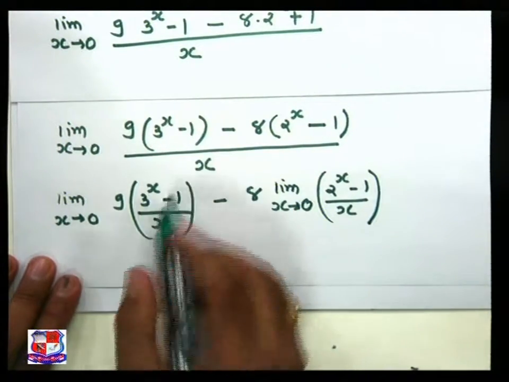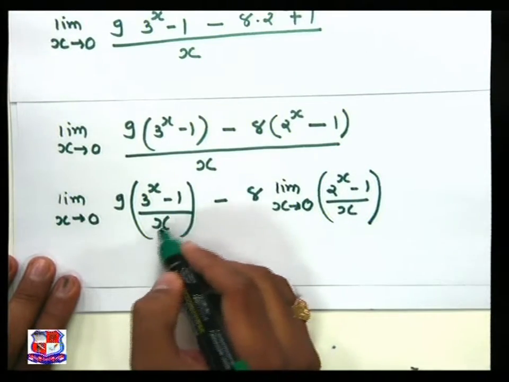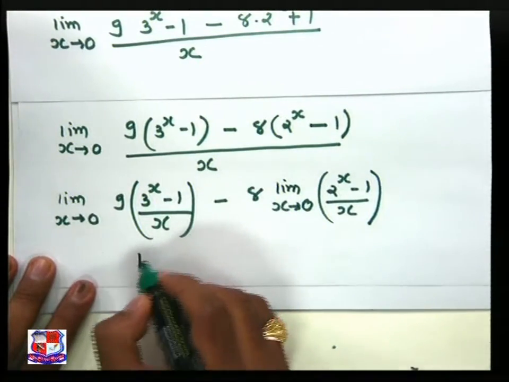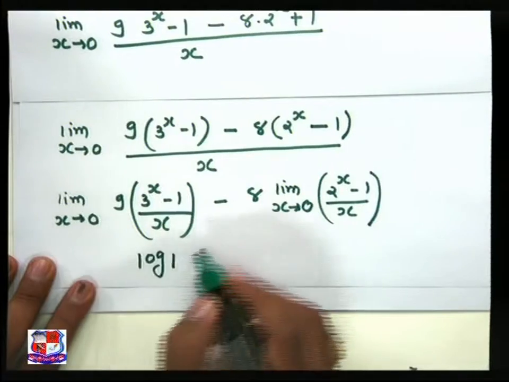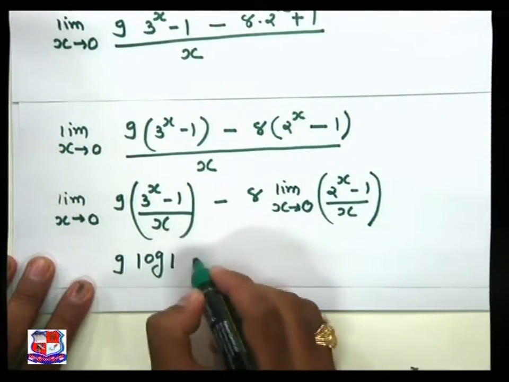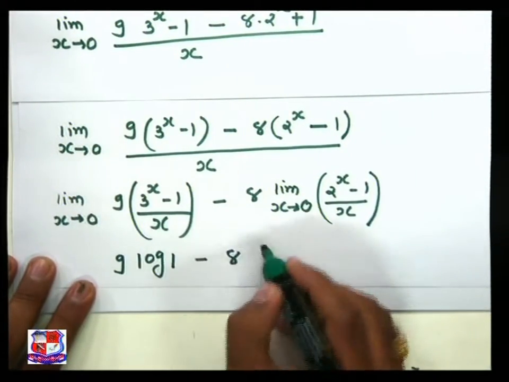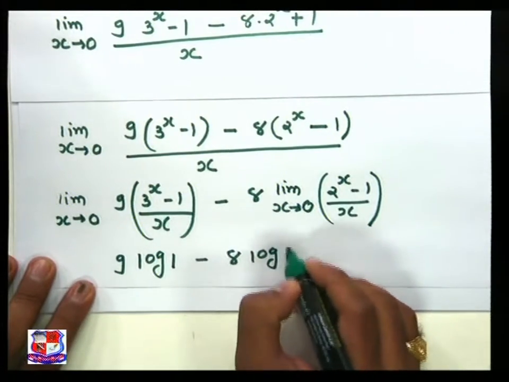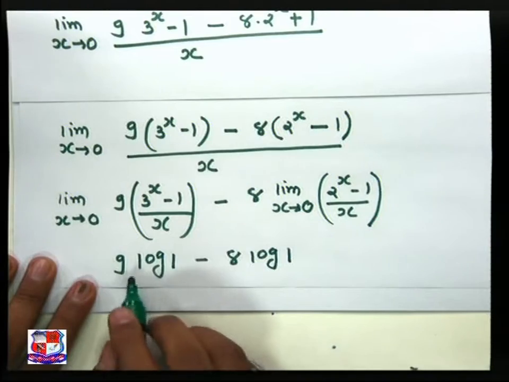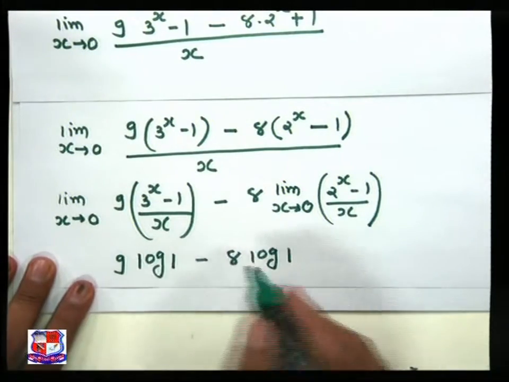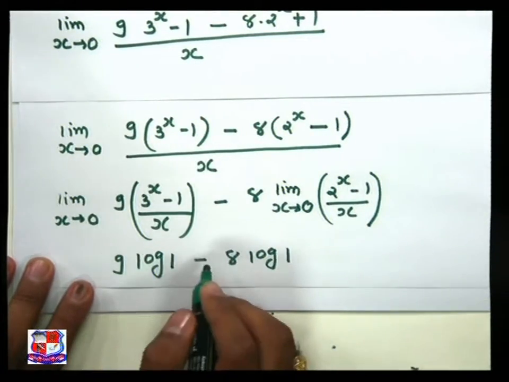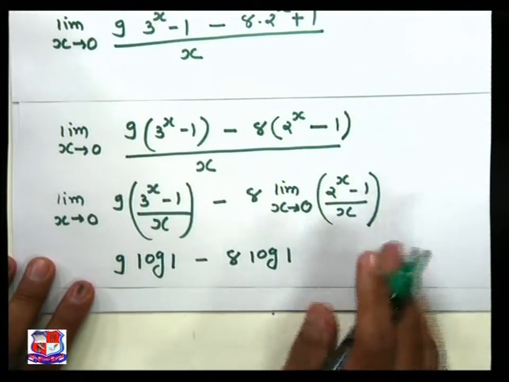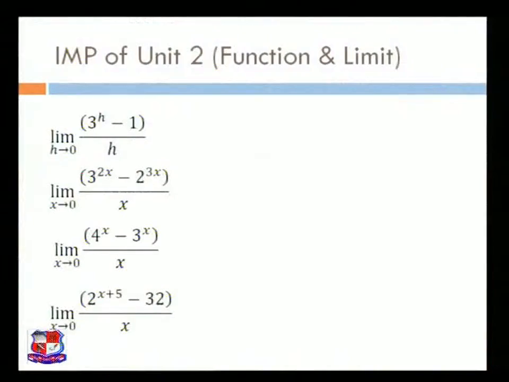So finally 3 raised to x minus 1 divided by x gives log 3, into 9, minus 8 into log 2. So finally we can write our answer: 9 log 3 minus 8 log 2. So this is our answer. Now we move to our next question.